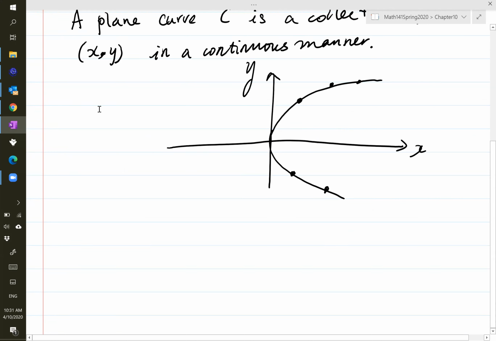To give a curve, we should describe all the points on this curve, i.e., we need to describe all pairs x, y that lie on the curve. So we should find relations between x and y.